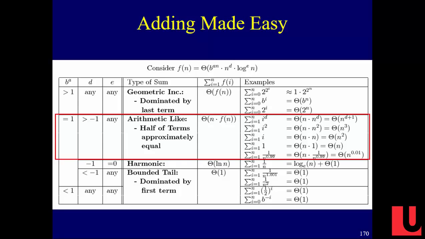Here it's saying I'm trying to add up the sum of f1 plus f2 plus f3, up to fn, and the function looks something like this. This says if the function is arithmetic-like, it's a polynomial. This basically says this thing here goes away. If it's not an exponential, then it looks kind of like a polynomial.